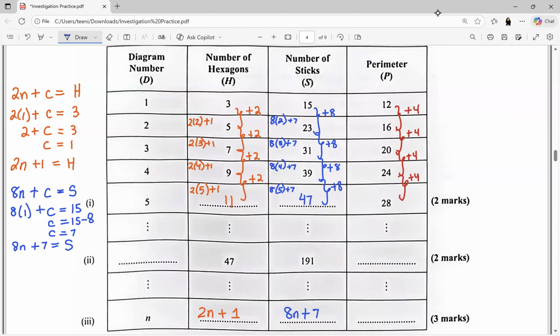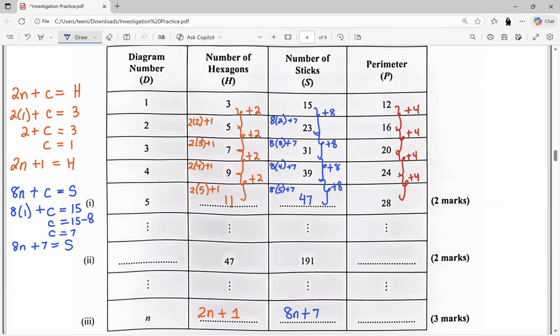Yes, n is the diagram number. And you said the diagram number was 8? Yeah, the diagram number is 8, love. Okay. I got 71. Correct. So 8 times 8 is 64, and 64 plus 7 is 71.